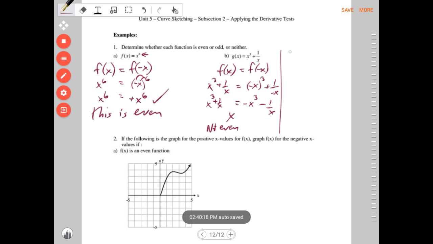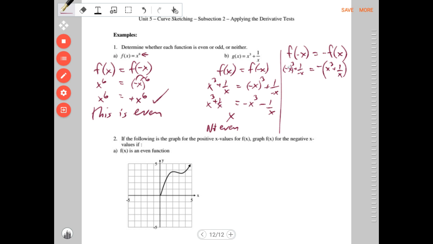So remember, the odd functions were f of negative x is the same as negative f of x, sorry. So we try that. f of negative x is just going to be negative x cubed plus 1 over negative x. And negative f is just negative in front of the whole function, so negative of x cubed plus 1 over x.